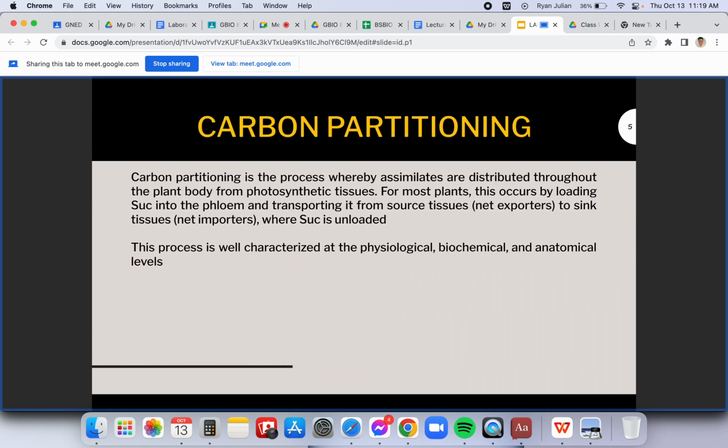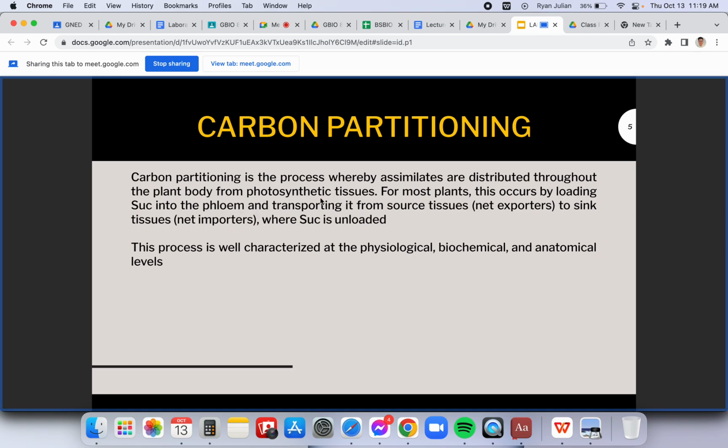Now, for our last slide, what about carbon partitioning? Carbon partitioning is the process whereby assimilates, or the end products of plants using photosynthesis, are distributed throughout the plant body from photosynthetic tissues.